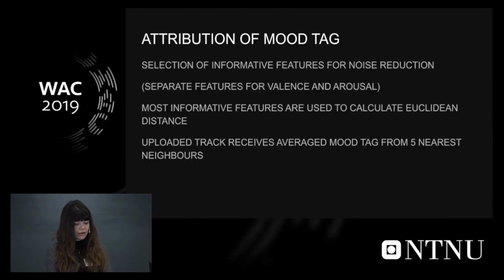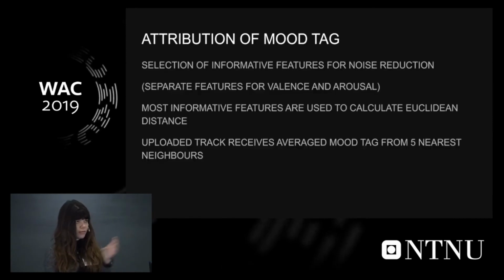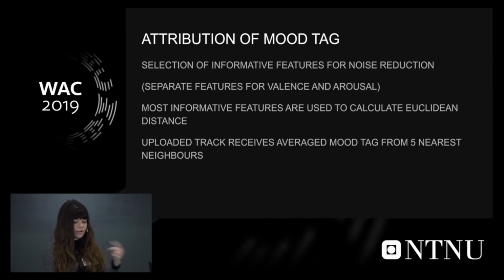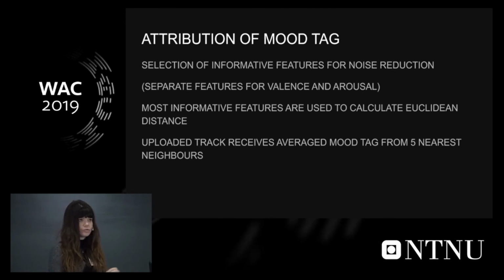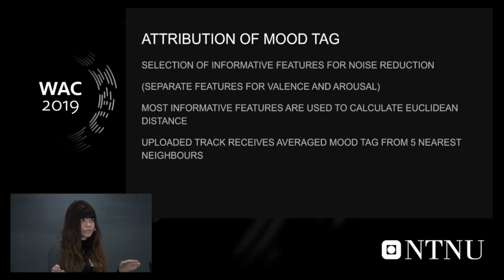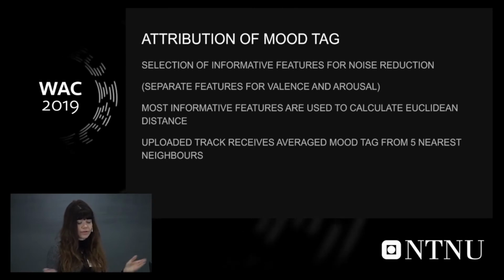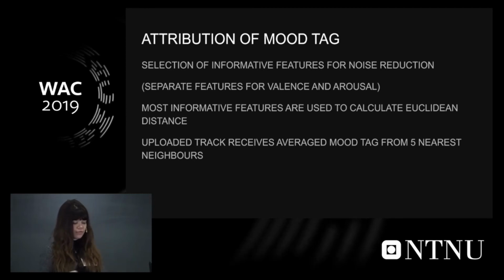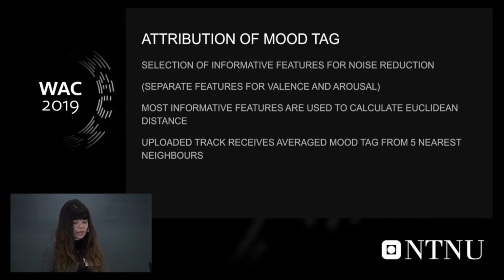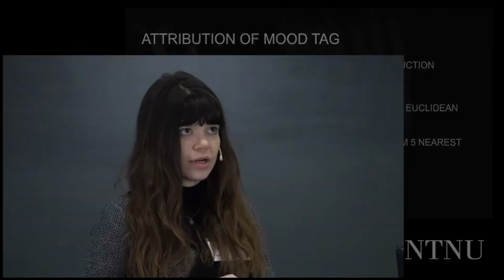And then you have those informative features, and with them you calculate the mood tag for new songs in the way that you use only the most informative ones to have less noise, because otherwise it's just too much data. Separate for valence and arousal. And in that space, I calculated a Euclidean distance of a given track I want to upload to all others.